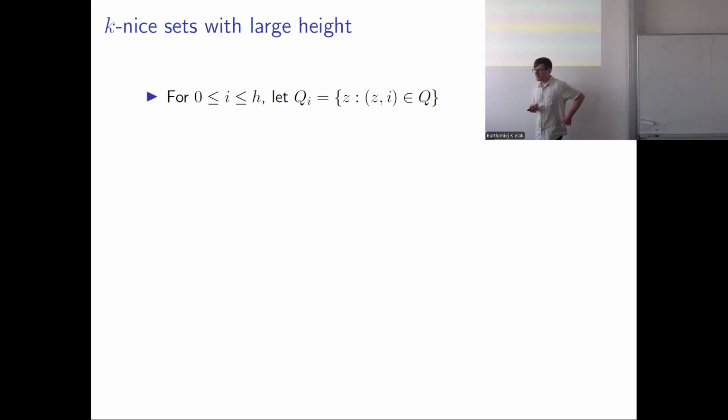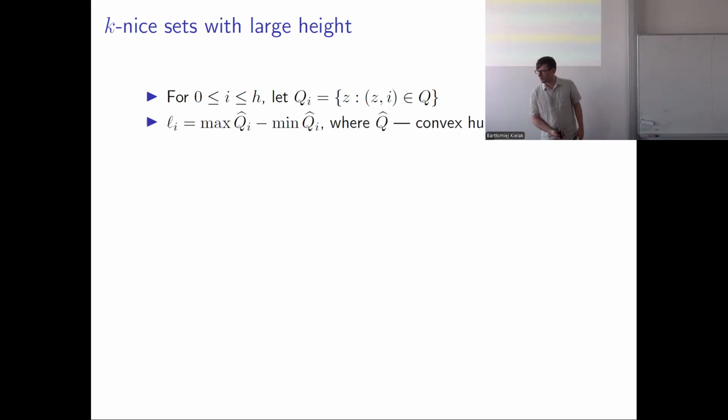First, in order to talk about the size of our set Q, I would like to say what happens at particular levels. The set Qi consists of those numbers, the first coordinates of points, which are at the level i. We also would like to introduce an estimation of the length of the interval defined by points.